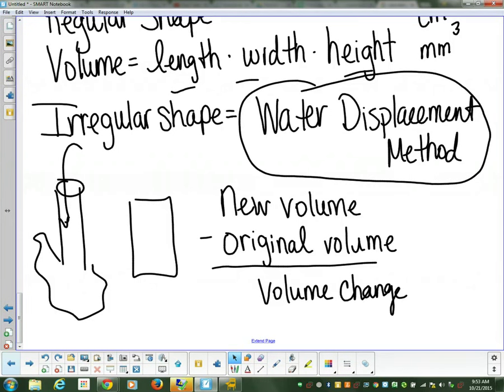A lot of times we're using milliliters for these, and so your answer would be in milliliters.